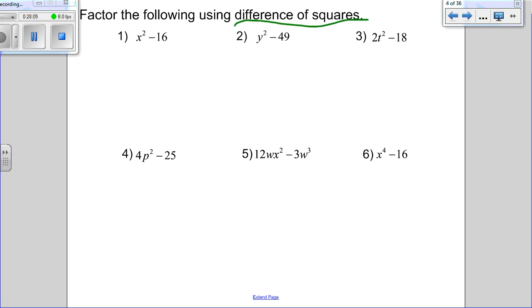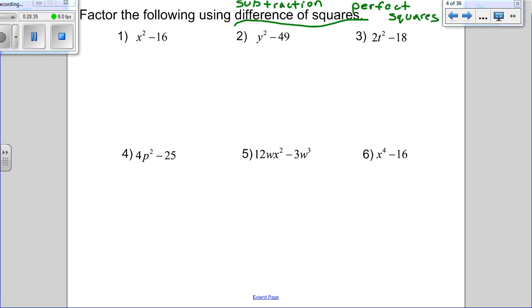So you need a subtraction, and when it says squares, that means perfect square numbers. If you don't have a subtraction, and you don't have perfect squares, you can't do difference of squares.